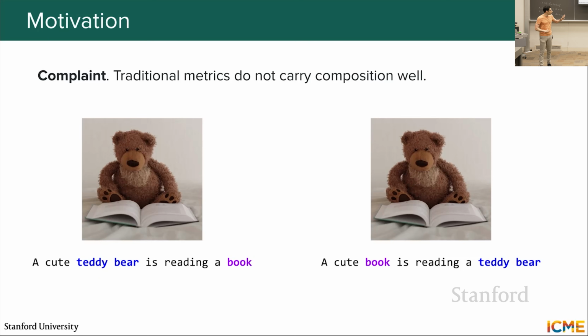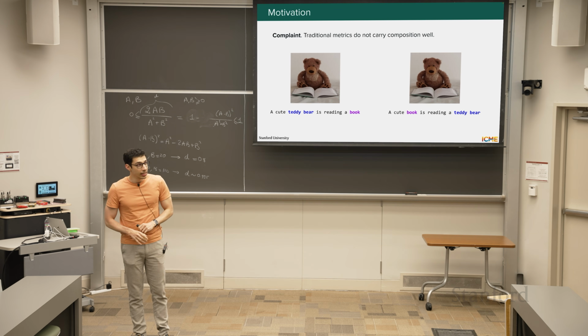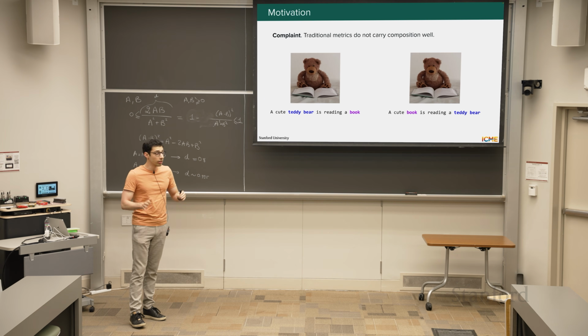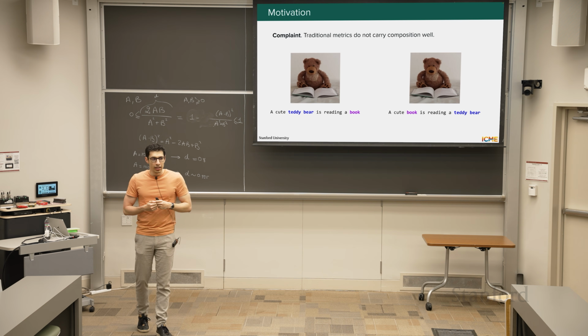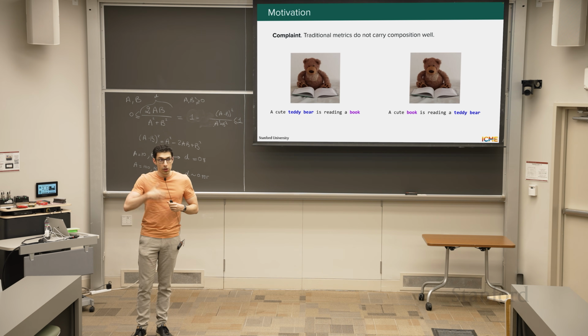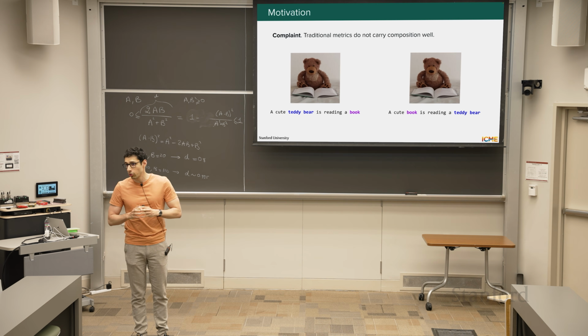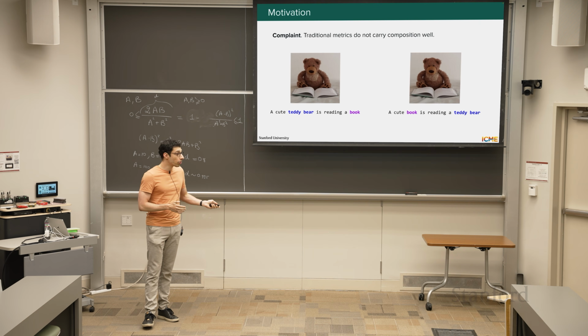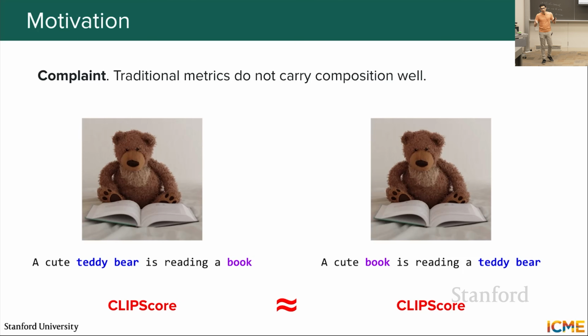So here, one thing that we observe in practice is that in the cute bear reading a book example, if you exchange book and teddy bear, from a semantic perspective, to your intuition, it changes things quite a bit, right? You would have totally another image in mind. But from a CLIPScore standpoint, it turns out that the score doesn't change that much.